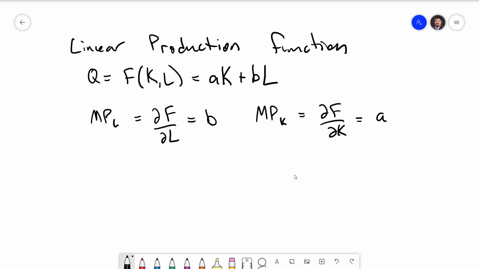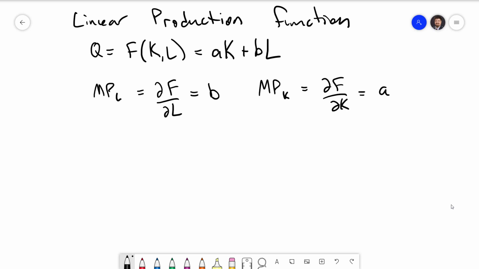The marginal product of labor and capital are both constant, and they never change. These marginal products are completely unaffected by anything. The actual current amount of capital and labor have nothing to do with this. This means the law of diminishing marginal returns does not apply to the linear production function.